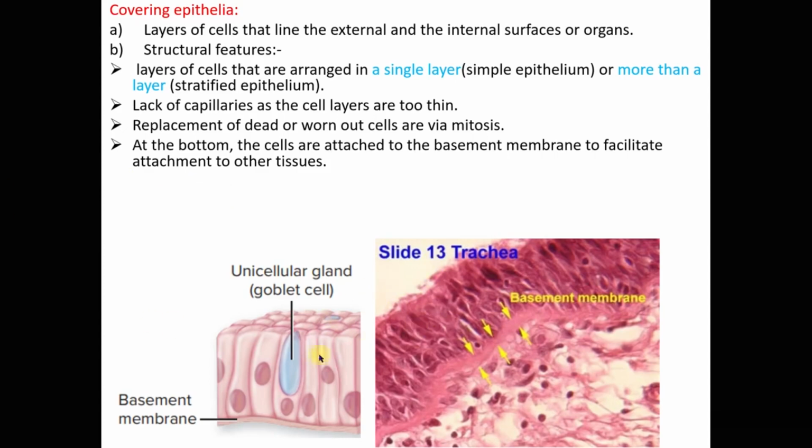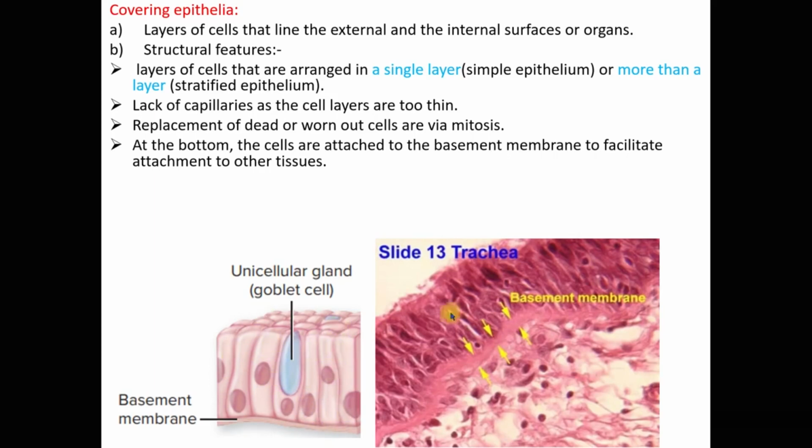You can see in these two diagrams here, this is the basement membrane and this is the covering epithelia. For this example, the covering epithelia consists of simple columnar epithelium. Simple because these cells are arranged in only one layer.